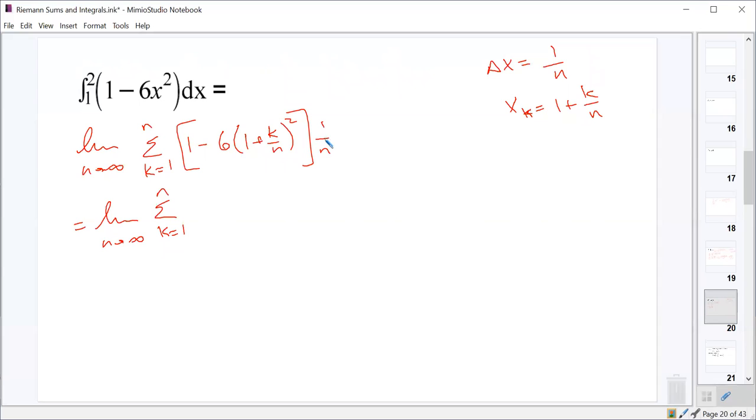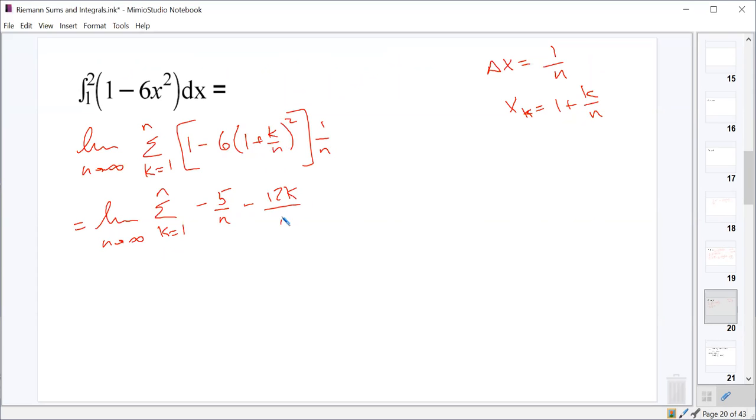And that negative 5 is going to get multiplied by a 1 over n. So we're going to start with a negative 5 over n. And then we've got the middle two terms of 1 plus k over n squared, which is just going to be 2k over n. So that's going to become a minus 12k over n, and a minus 12k over n squared.